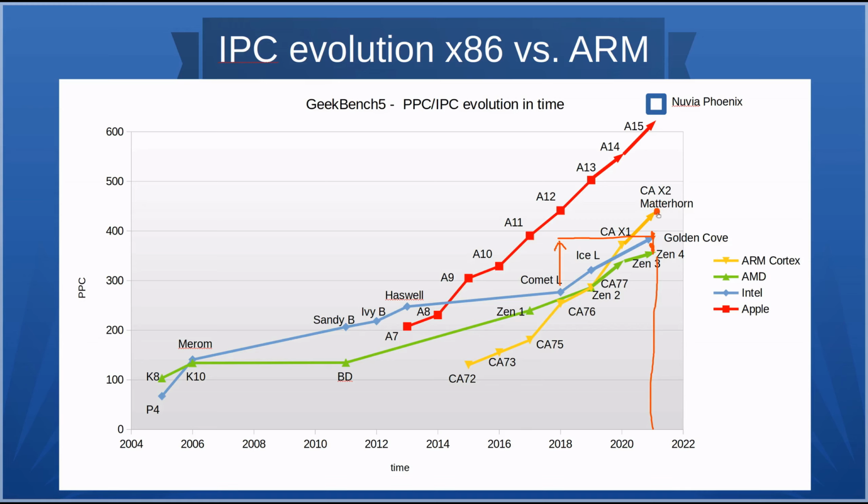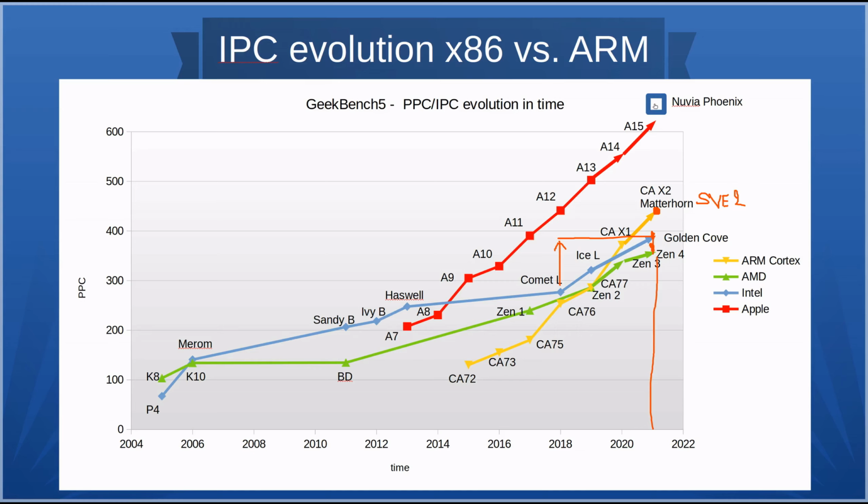This is why NVIDIA is actually buying ARM, because this server platform is based on this X2 Matterhorn, with SVE vectors, scalable vector extension number 2 actually.